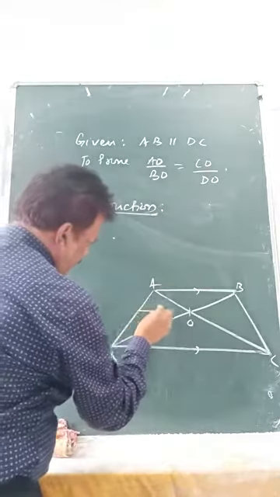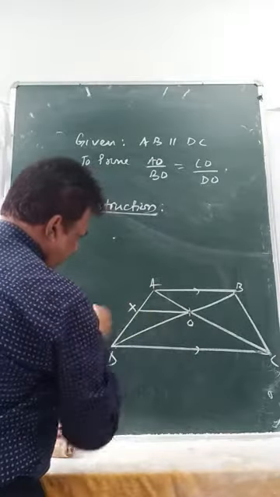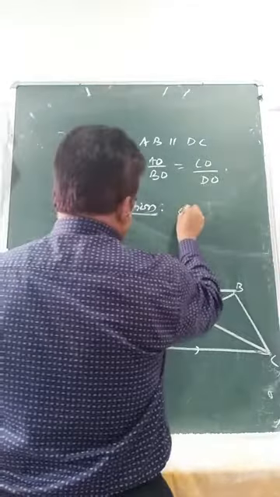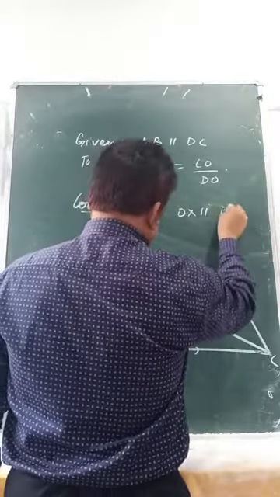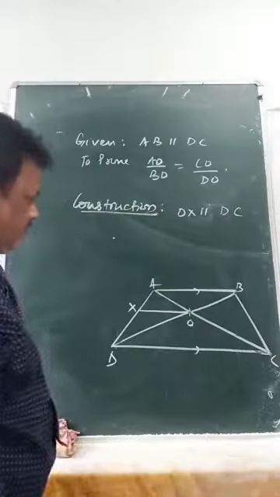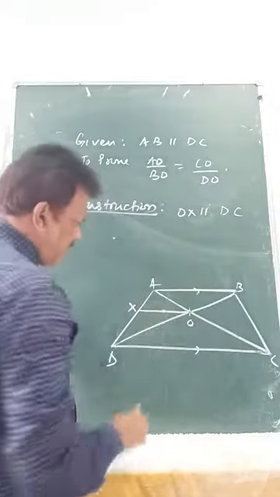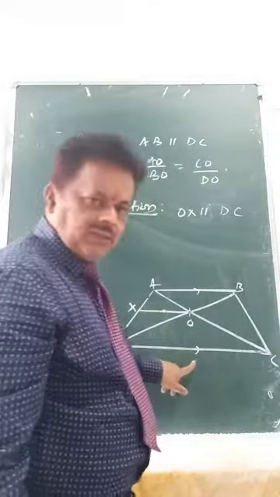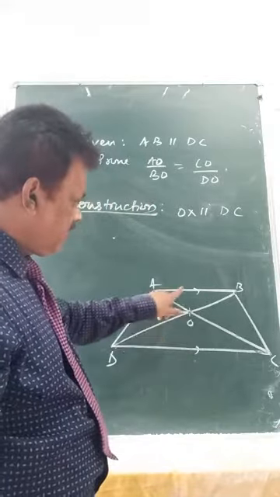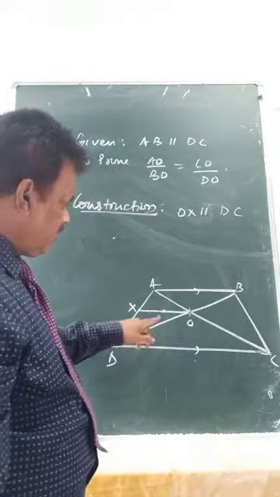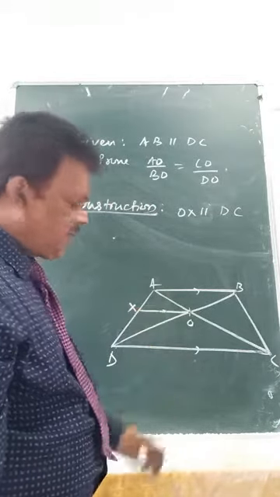Draw OX parallel to DC. I have drawn this parallel here. Once it is parallel to this, this will also be parallel to this. Why? Because AB is parallel to DC.